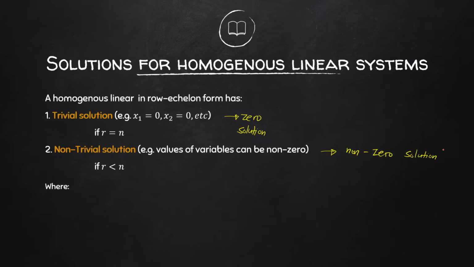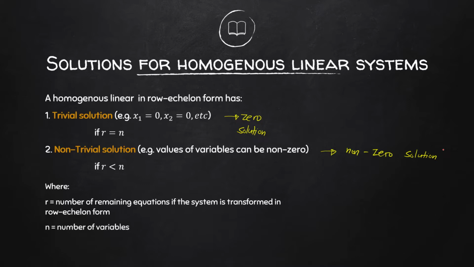Now what is r and n? R is the number of remaining equations if the system is transformed in row echelon form, and n is the number of variables of the system of linear equations. Later we will demonstrate how we are going to determine r and n.